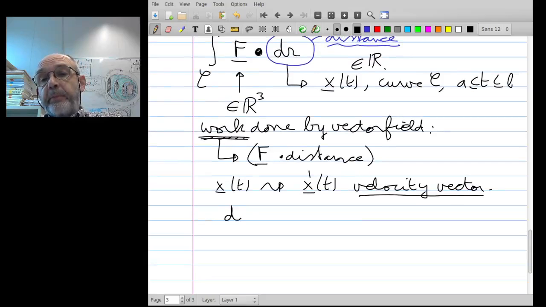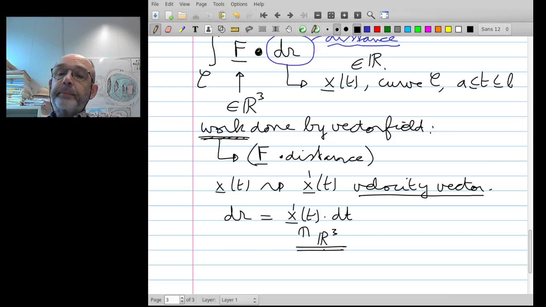That step in the space we can write down as the velocity vector times dt. And here I have just a multiplication. This has nothing to do with the inner product. This dt is some real number, but this one is an element of R3, your vector.